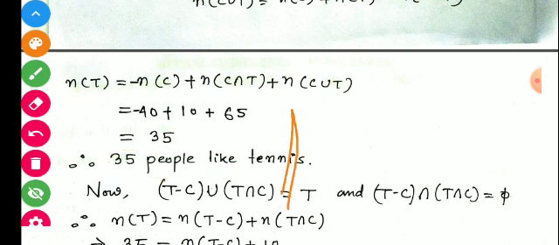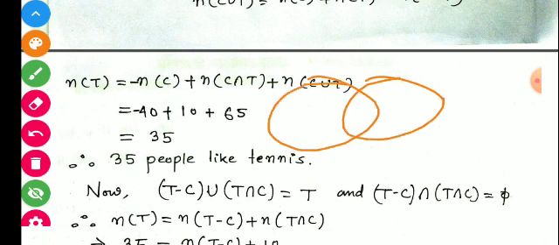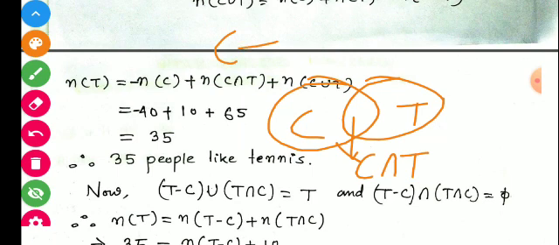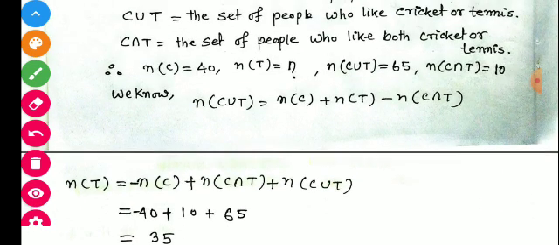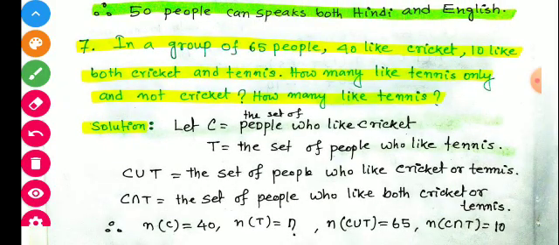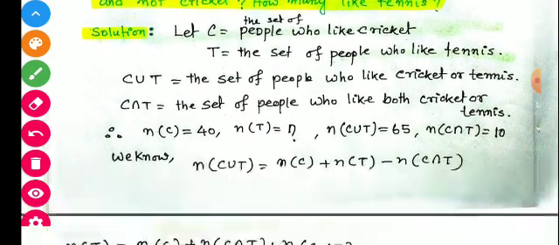Now we know that if two sets intersect, with C and T, the middle part will be C intersection T. Now we have to find out how many like tennis only and not cricket.